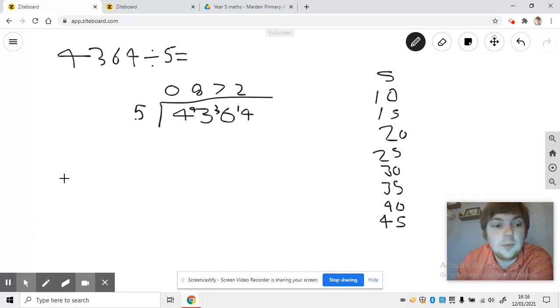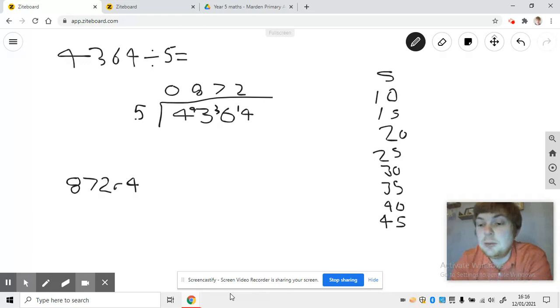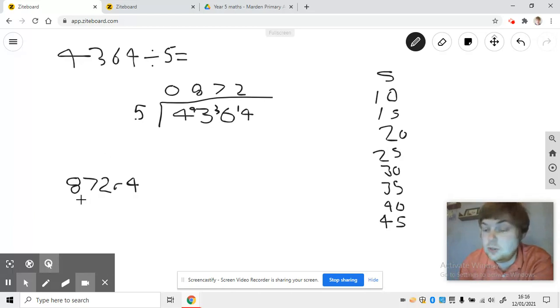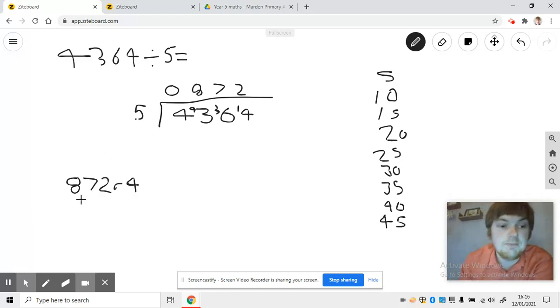Now, at this point, some of you can write this: 872 remainder 4. And that will be an acceptable answer, because you're telling me you know 4,364 divided by 5 is 872 remainder 4. And if you do that, okay.